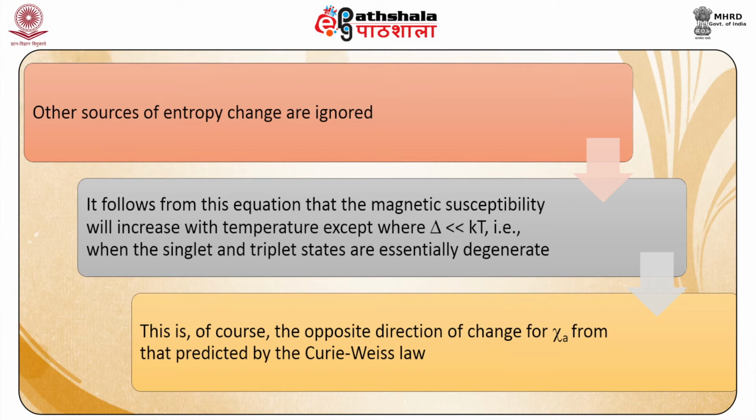It follows from this equation that the magnetic susceptibility will increase with temperature, except where delta E is much lower than kT, which explains when the singlet and triplet states are essentially degenerate. This is of course the opposite direction of change for chi A from that predicted by the Curie-Weiss law.